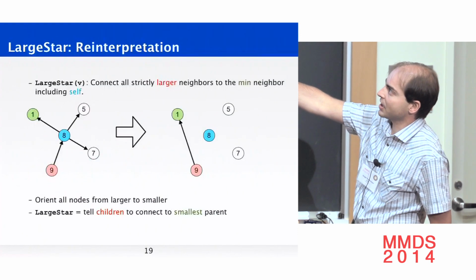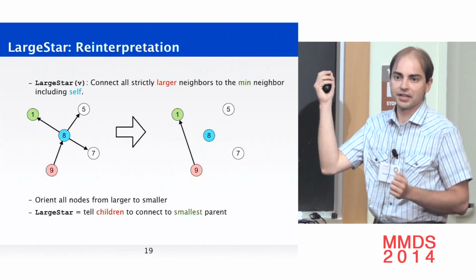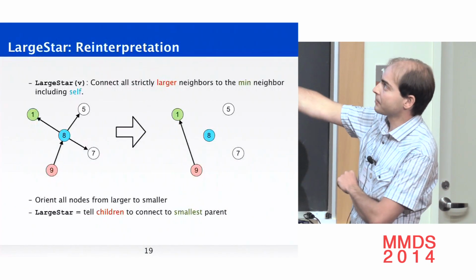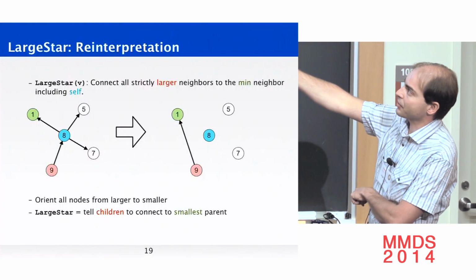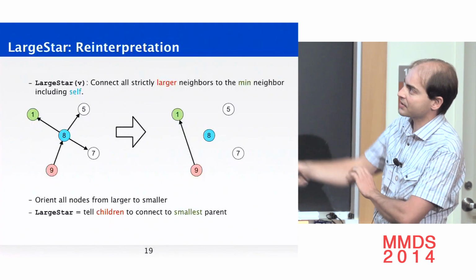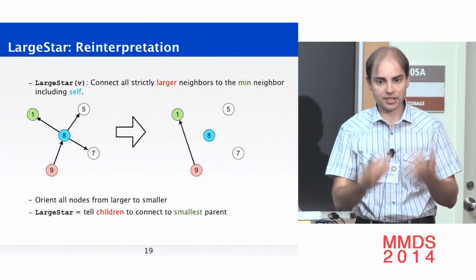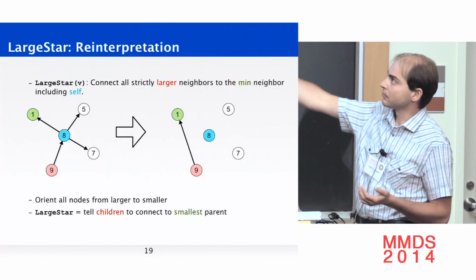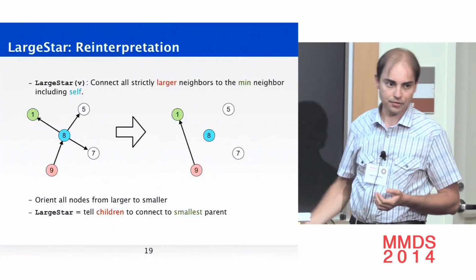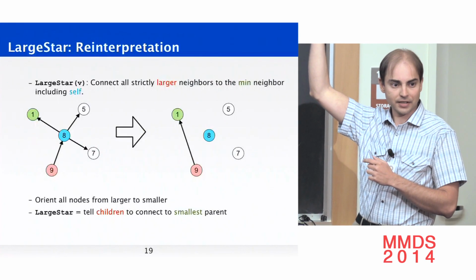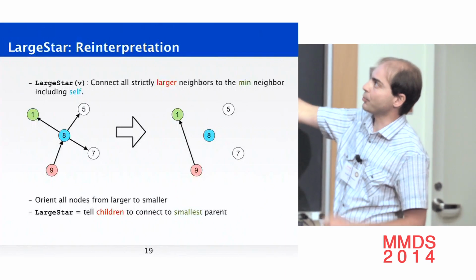So what is this intuition? Suppose I take all the edges that I have and I orient them from larger nodes to smaller nodes, larger IDs to smaller IDs. So 9 points to 8, 8 points to 1, 8 points to 5, etc. What does this large star operation mean? It means look at your children. These are the nodes that are larger than you. And tell them to connect to your parent directly, to the minimum parent that you have.